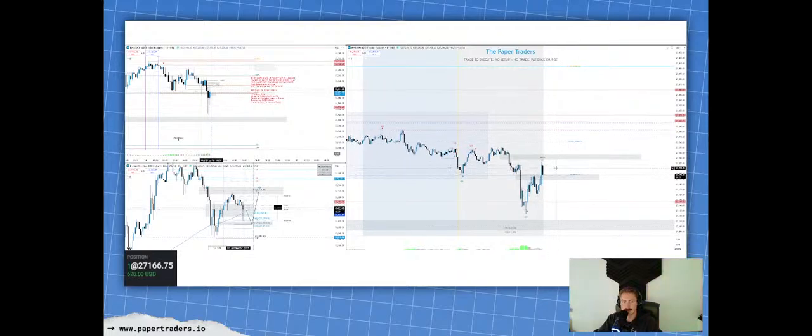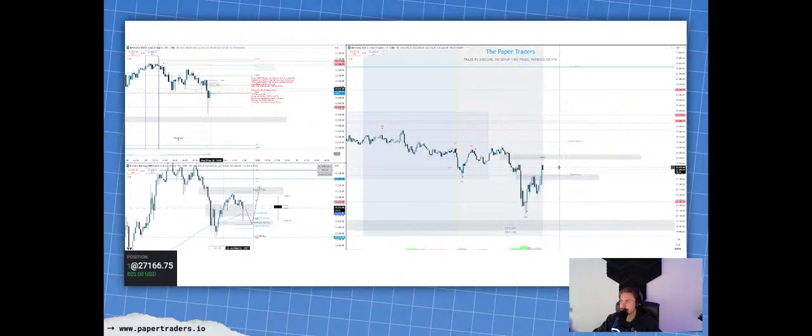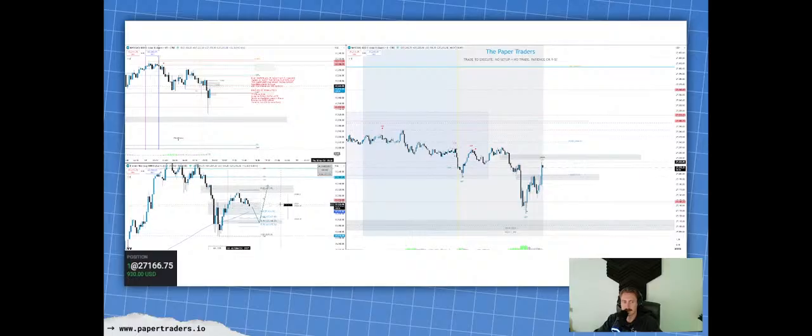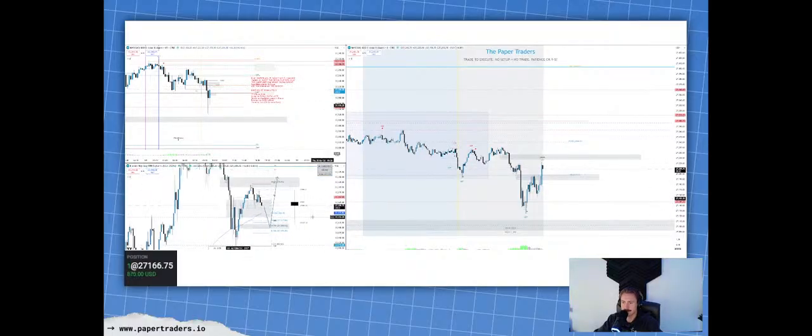Let's see, because if this 5-minute closes below those, that's not going to be fun for us, huh? Let's see where she wants to go. This hourly would be nasty if they went outside it, huh? Because we haven't swept the top there.